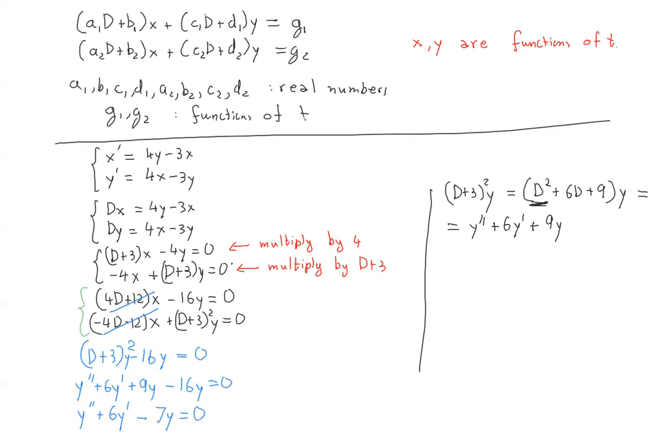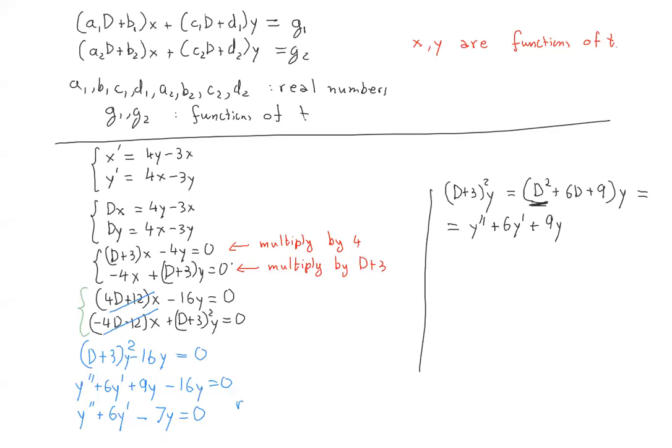Okay, and now you have an equation that should appear to be quite usual. So what you do is solve it as a second order differential equation with constant coefficients.